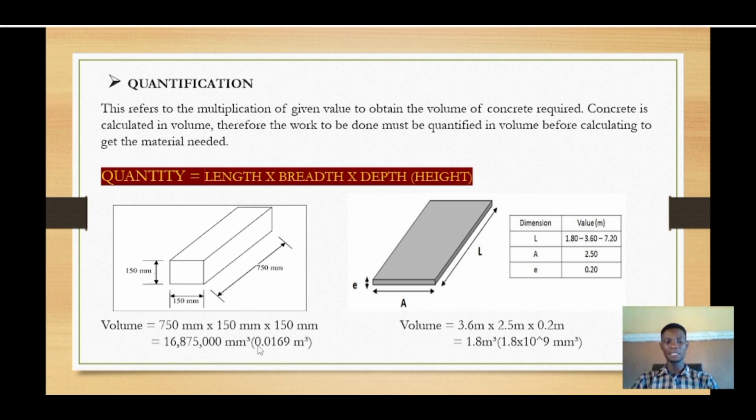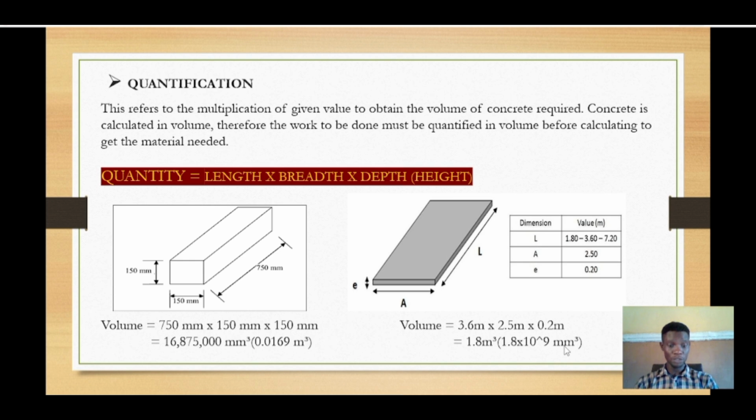It is in millimeter cube, rather, and in meter cube, it is this. And for this one as well, the height is taken to be 0.2 meters, the length is 3.6, and the width is 2.5 meters. So you're going to have your value in meter cube, 1.8 meter cube, and the value in millimeter cube is this.